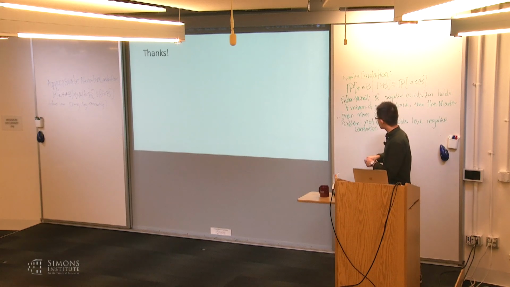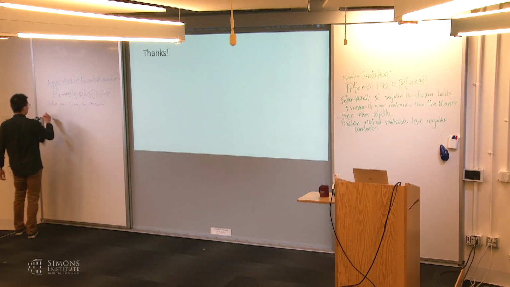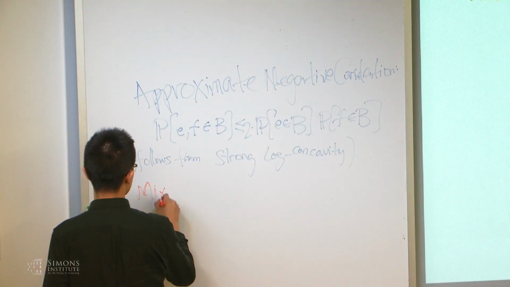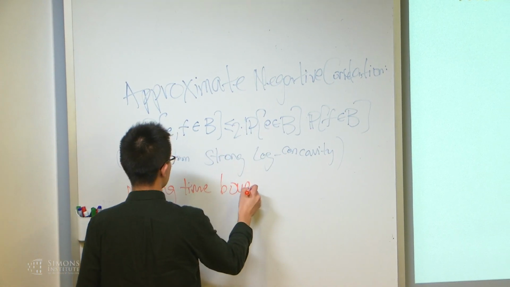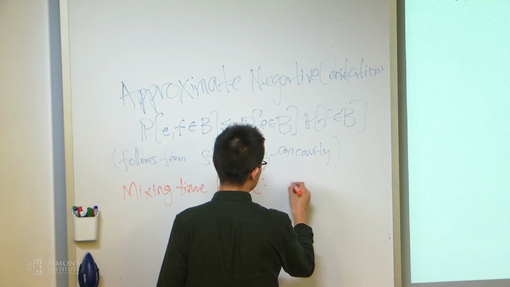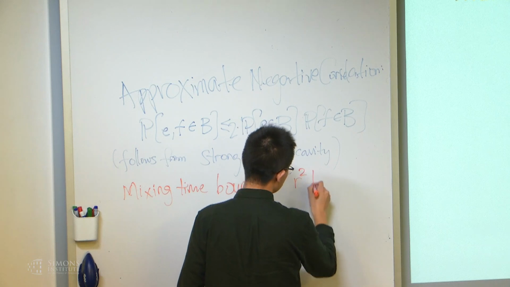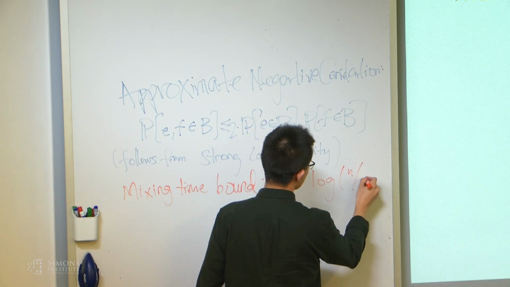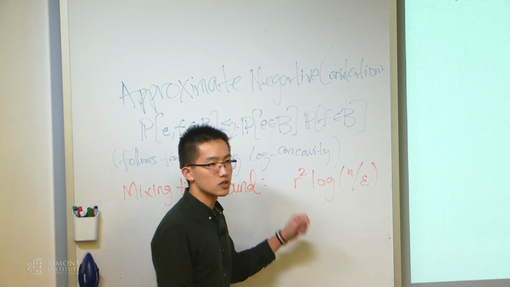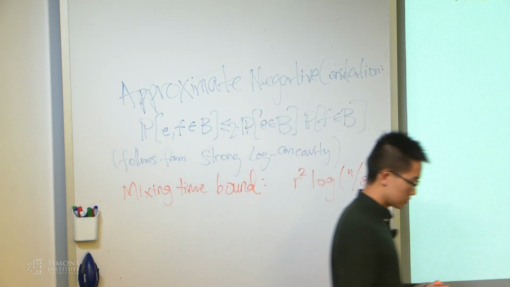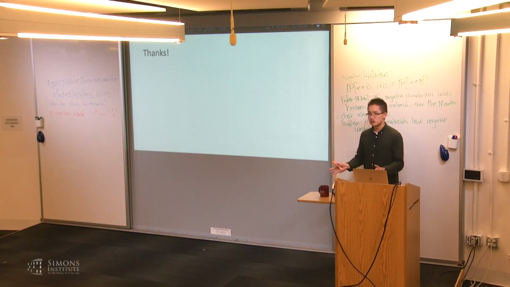To write more explicitly what the mixing time bound is, there's actually no constant in front, and we're trying to see if you can get rid of the square, because we know so much more information than just the second largest eigenvalue.